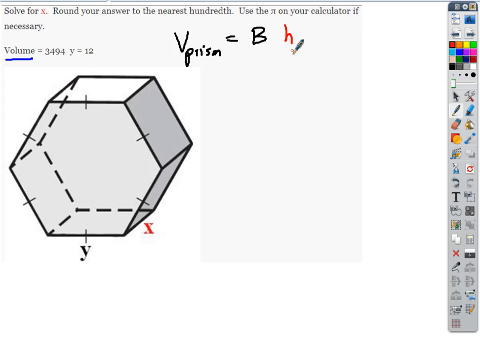You already told me that the area of a regular hexagon is 3 root 3 over 2 times the side length, in this case 12, squared, right? They give us volume, so if we know that V equals BH, I can just do all that on my calculator.